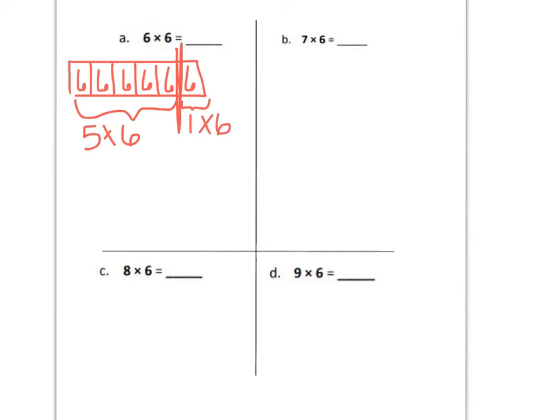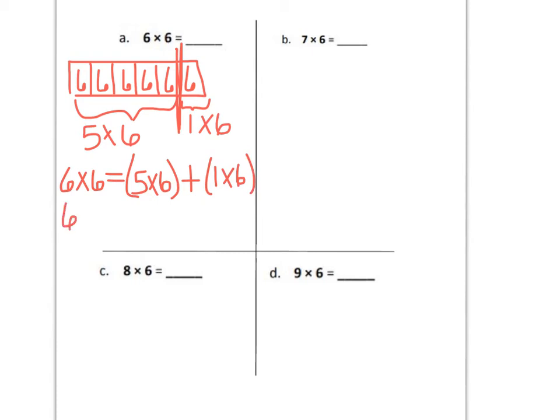So now I'm going to write this as one long equation. I'm going to start with my original problem, which was 6 times 6. 6 times 6 now equals my two smaller multiplication problems that I broke it up into: 5 times 6 in parentheses plus 1 times 6 in parentheses.